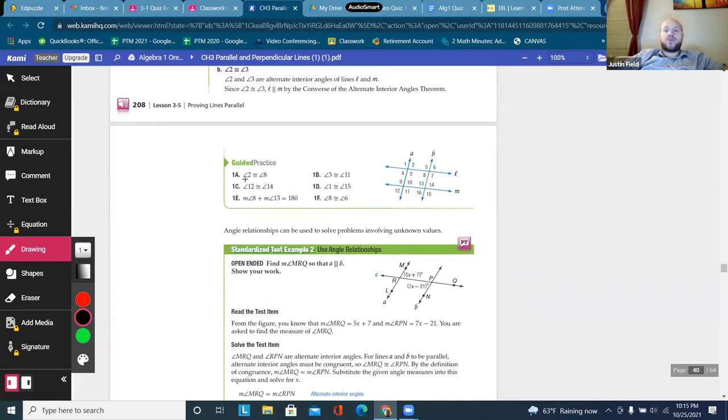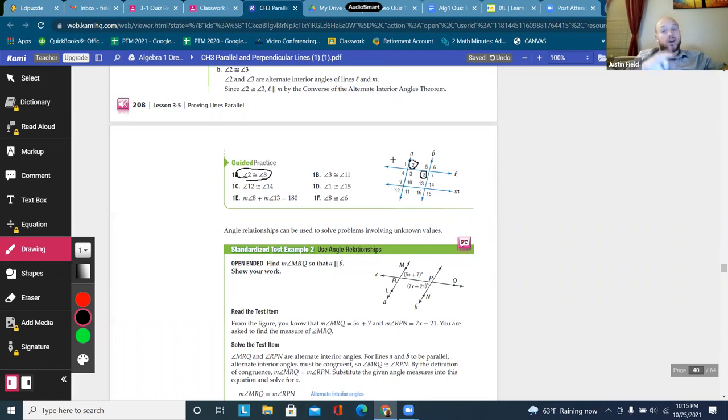Okay, so for example, if angle 2 is congruent to angle 8, we have to state the two lines that are parallel because angle 2 is congruent to angle 8. So let's look and see just where are they. There's angle 2, there's angle 8.